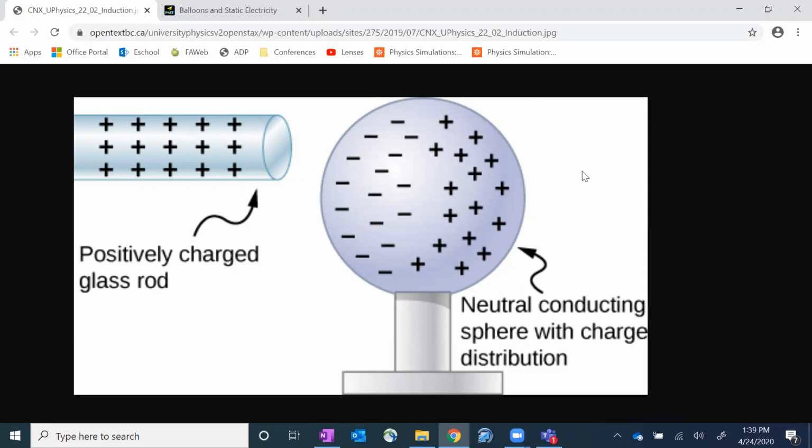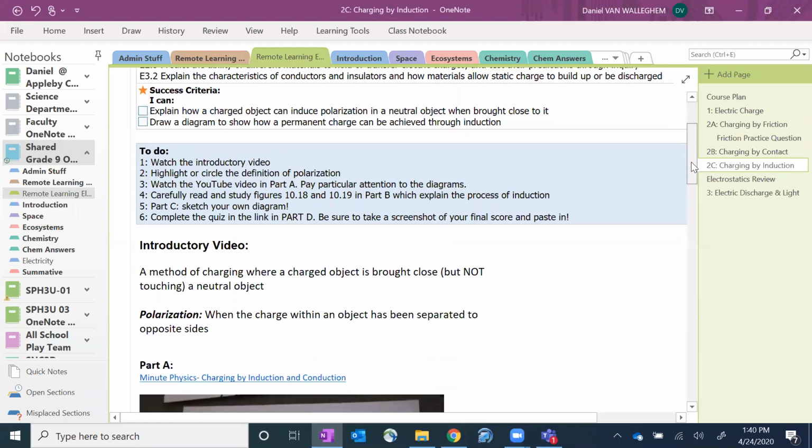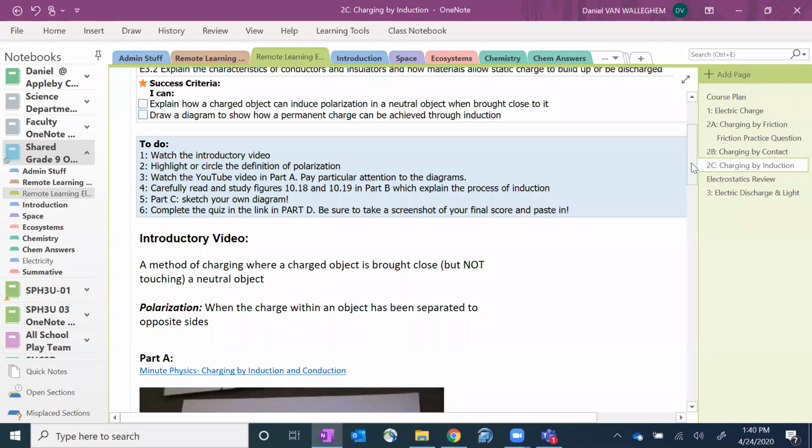Again, that's from induction. It's important that the rod doesn't actually touch the sphere, or else charging by contact takes place. If you were to take this rod away, this would go back to being neutral. So when we say polarization, we mean that the charge within an object has been separated to opposite sides, and that's easily demonstrated through the initial aspects of induction.